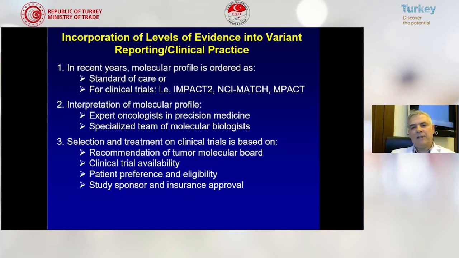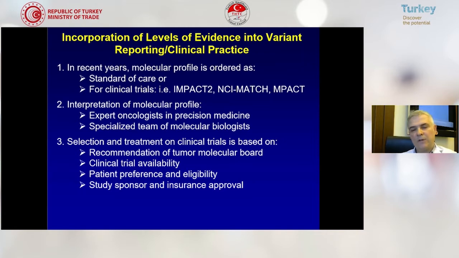Incorporation of levels of evidence into variant reporting in clinical practice. In recent years, molecular profiling is ordered as standard of care or for clinical trials. So we can direct our patients according to mutations to different kinds of clinical trials, which are run in Turkey, also in Europe, and also in Ukraine.